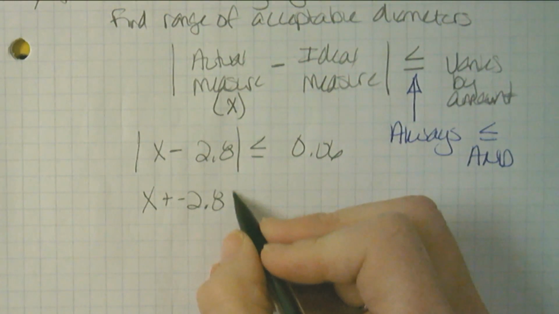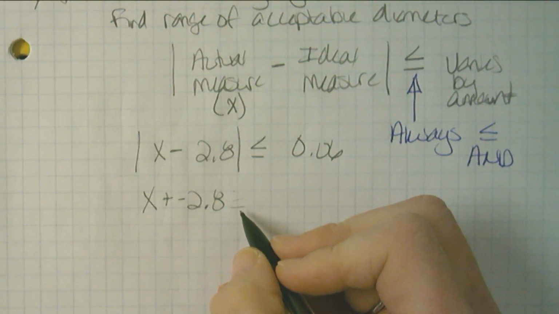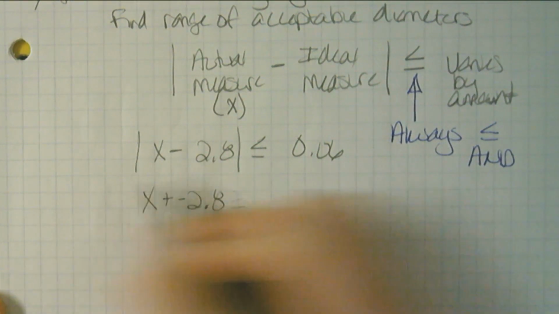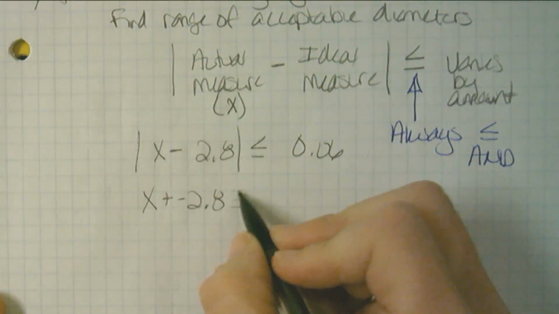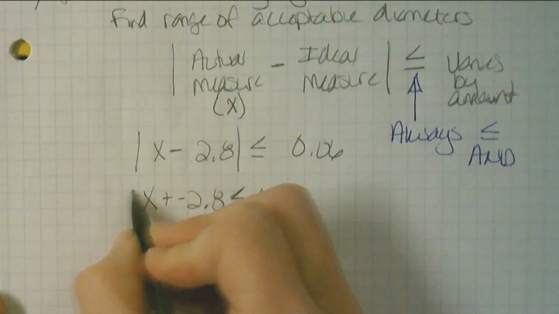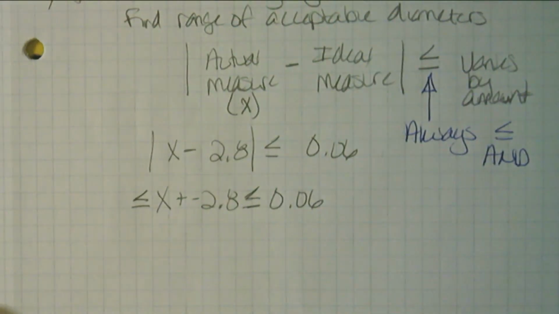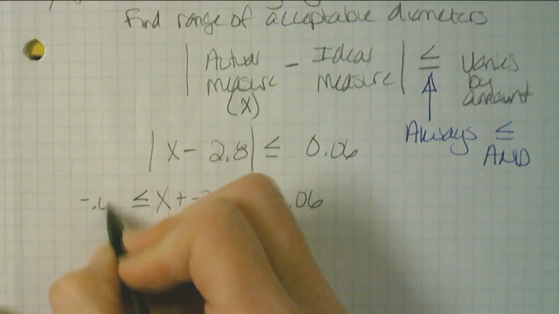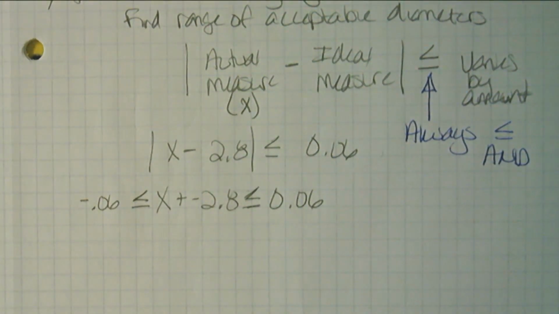I'm going to put a greater than in here? Nope. I'm not. I'm an and. I leave this exactly the same. Then I add another less than or equal to on the left side, and this becomes a negative 0.06.